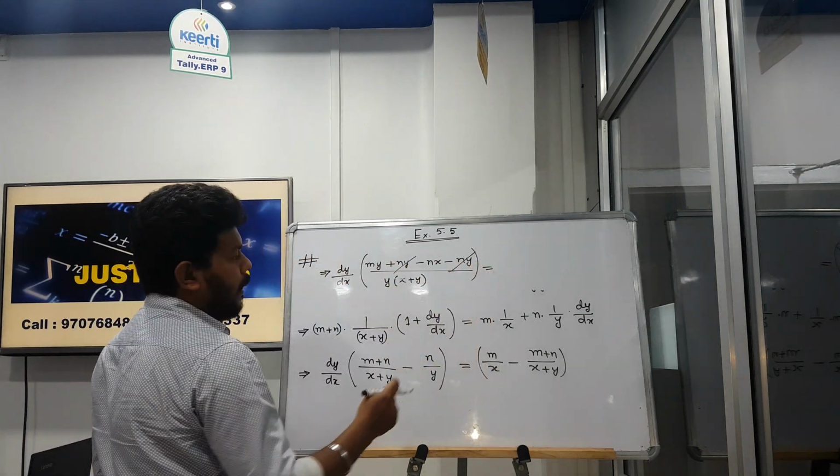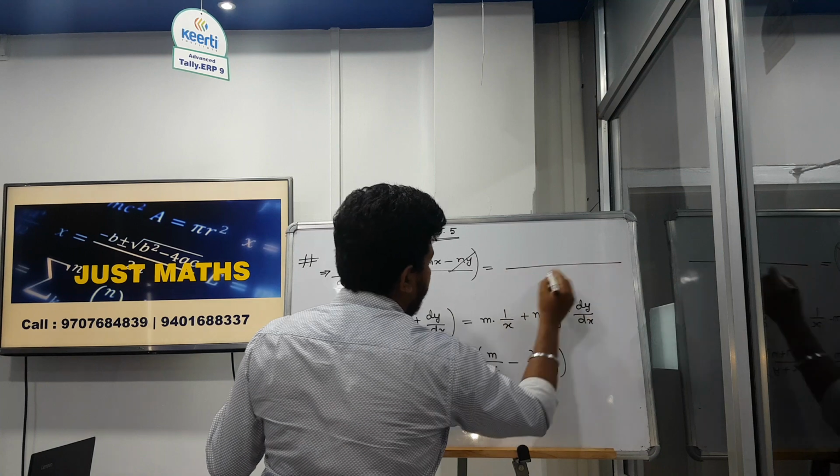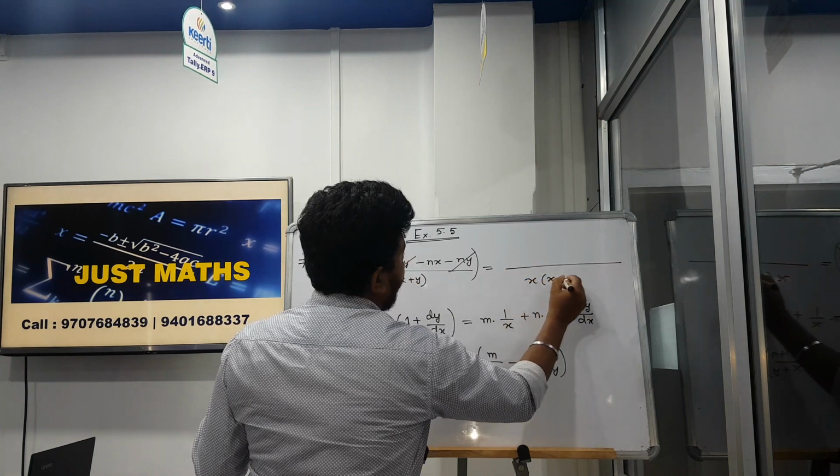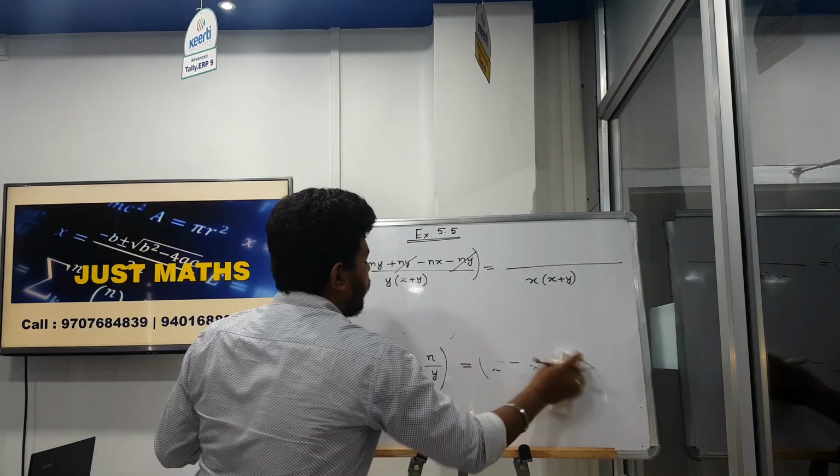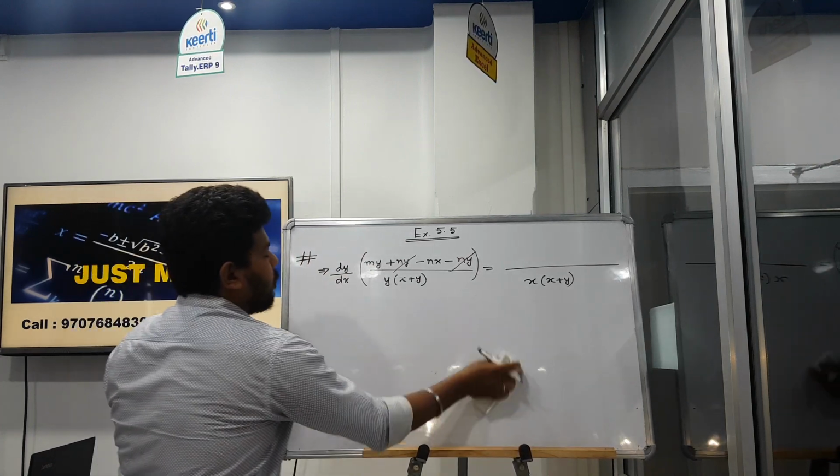In the right side, you will get x into x plus y, omit this second step and third step.